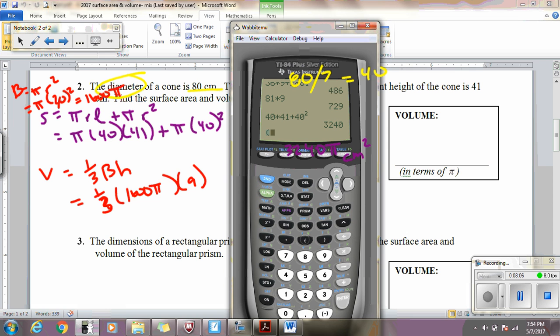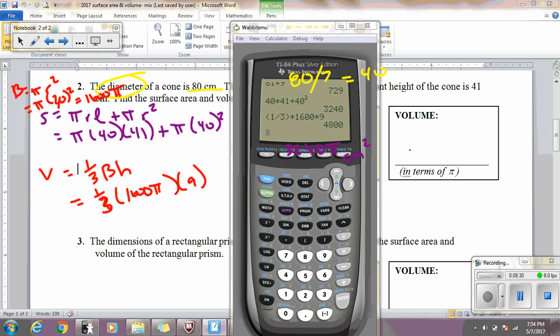So we put 1/3 times 1600 times 9. 4800. So our volume is 4800 pi centimeters cubed.